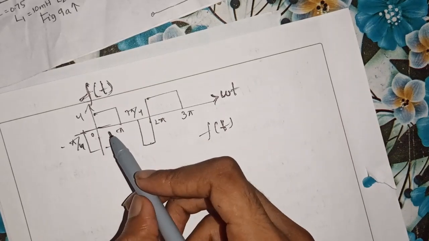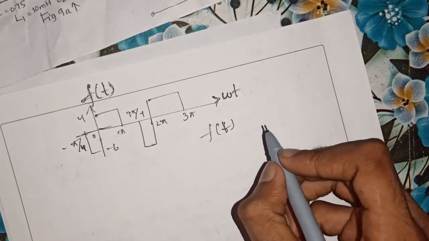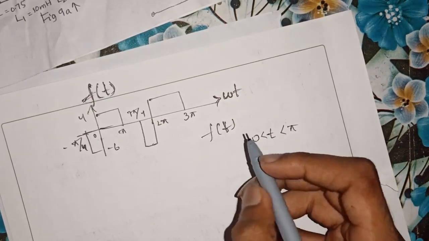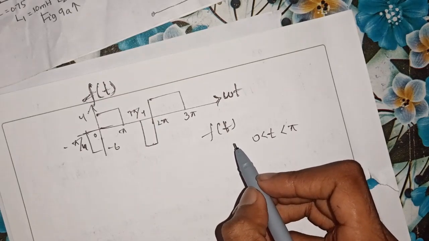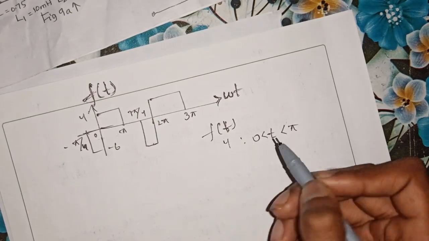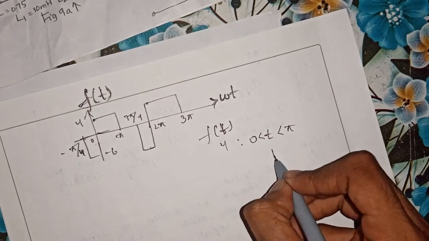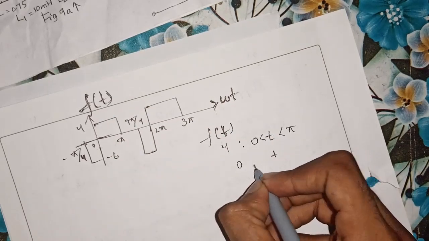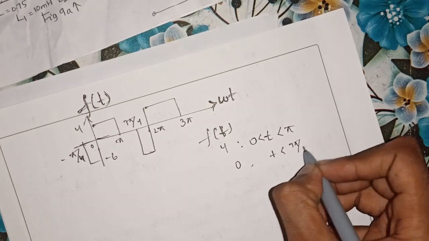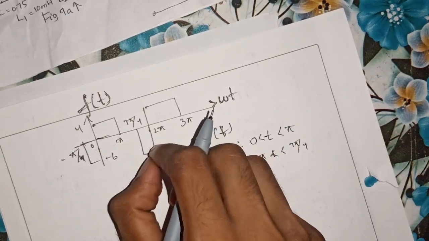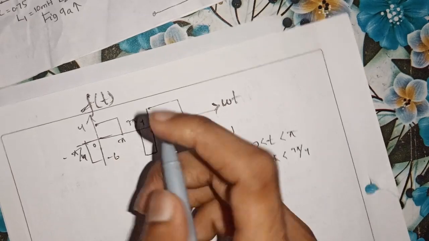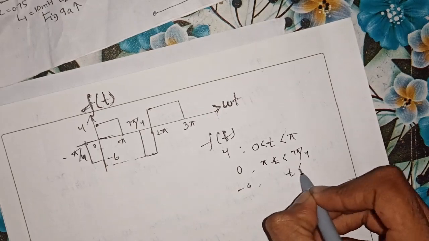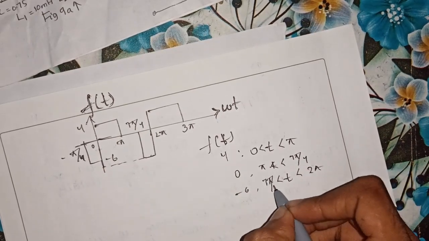As you can see here, the function value for t between 0 and pi is equal to 4, from pi to 7 pi by 4 it is equal to 0, and in the interval 7 pi by 4 to 2 pi it is equal to minus 6.